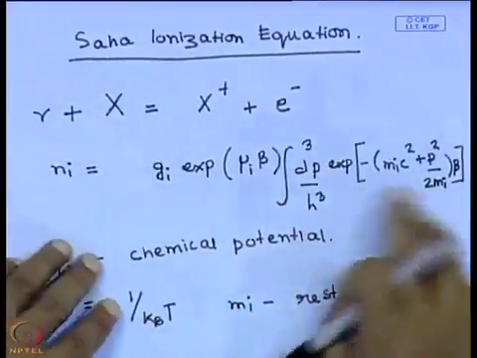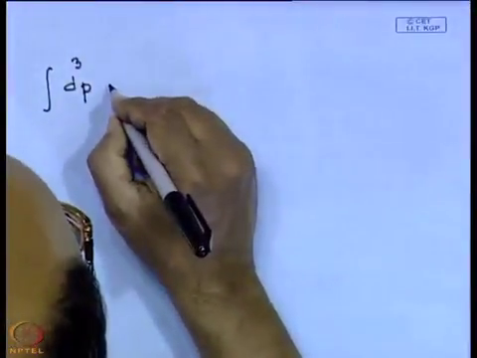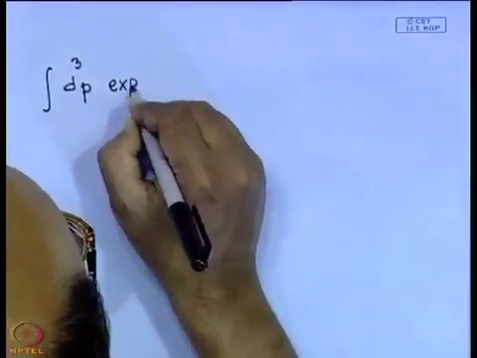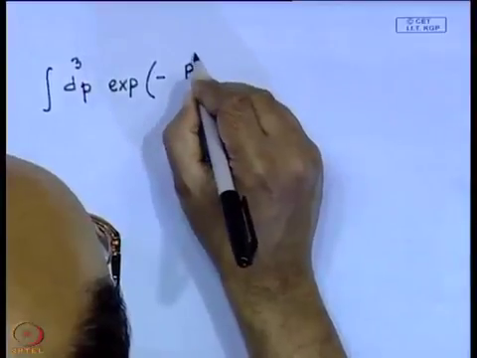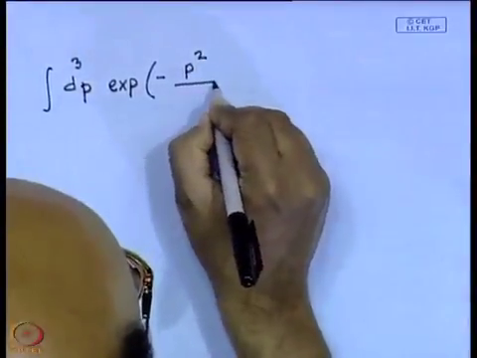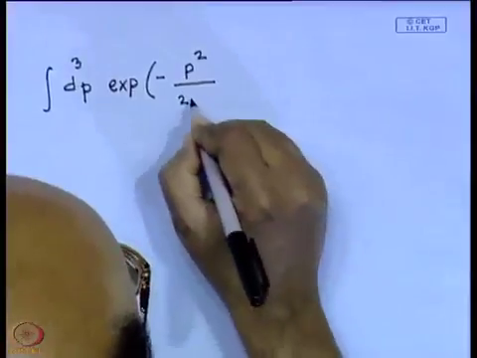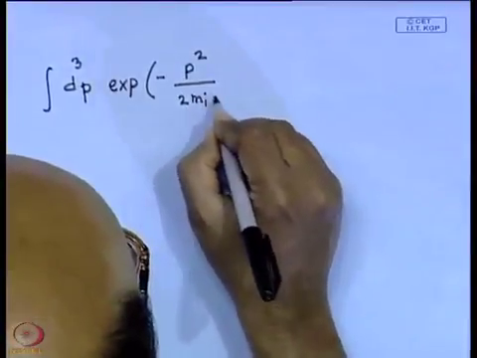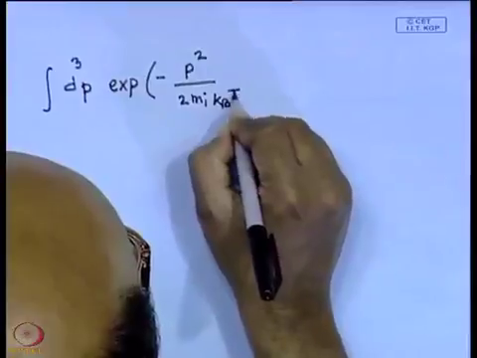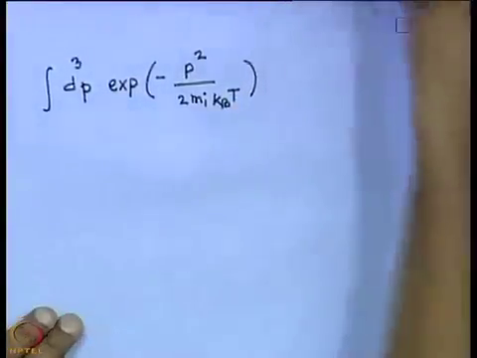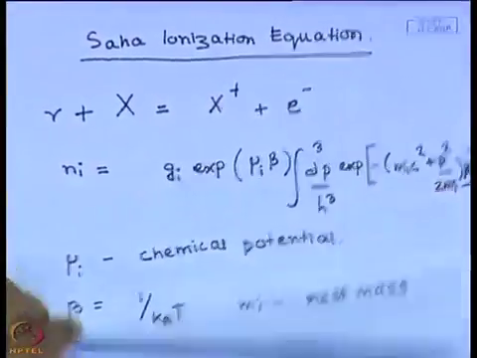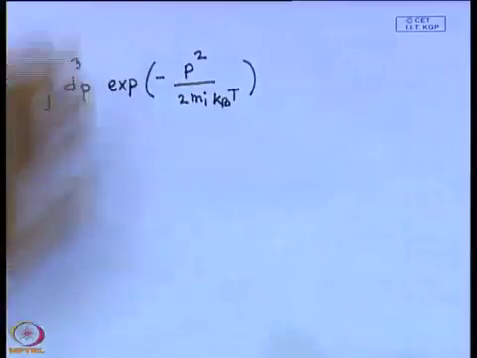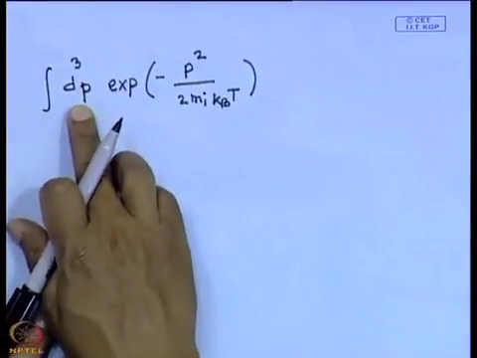So, we have to essentially do the integral d cube p into exponential minus p square by 2 m_i k_B T, where I have written out the value of beta, and this is 3-dimensional.